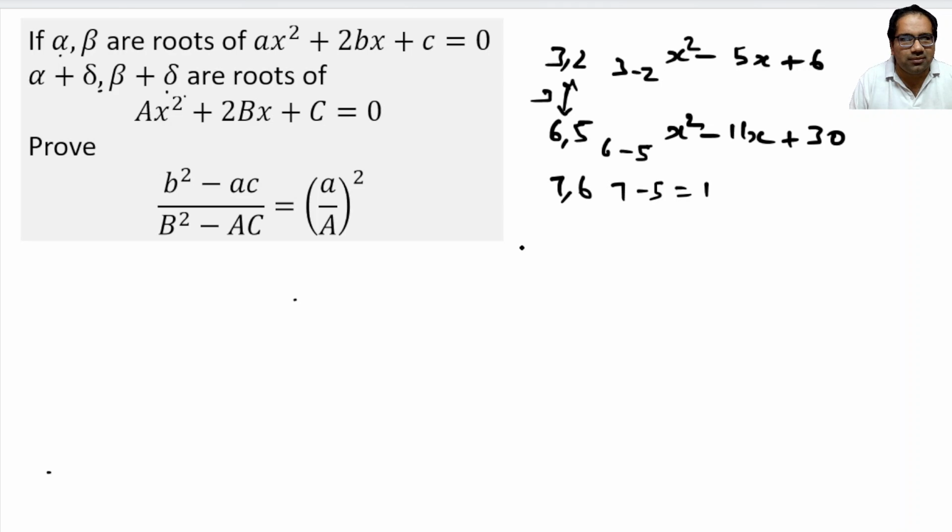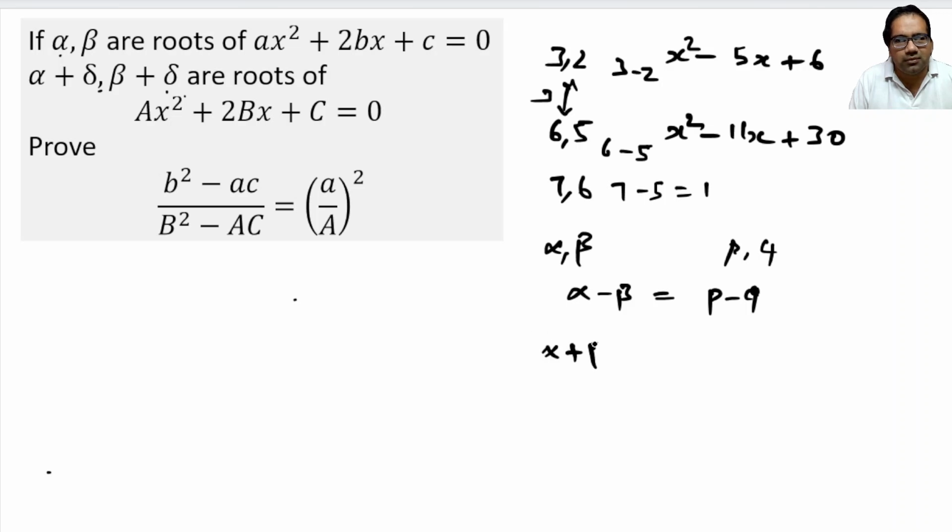Let's use that. Let's say the roots of the first equation are alpha, beta and the roots of the second equation are p, q. What we are saying is alpha minus beta is equal to p minus q. But we know the formulas for alpha plus beta and alpha beta. How do we express alpha minus beta? What is alpha minus beta whole square?